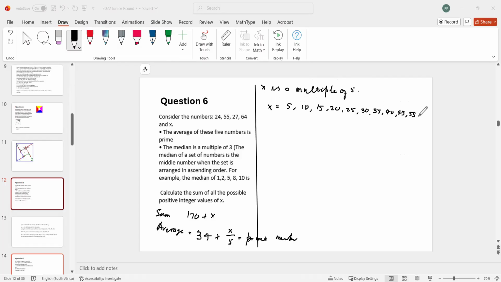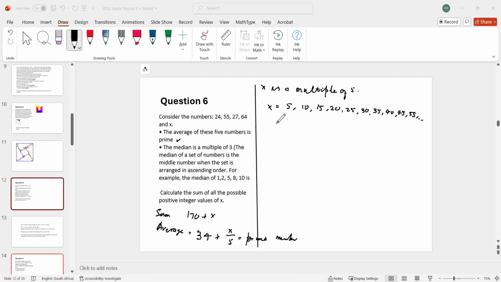I'm going all the way up to 55 for good reason, right? So the average is a prime number. The median is a multiple of 3, okay? When the set is arranged in ascending order.